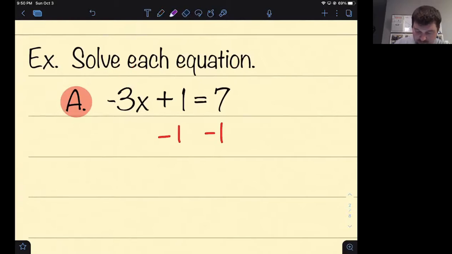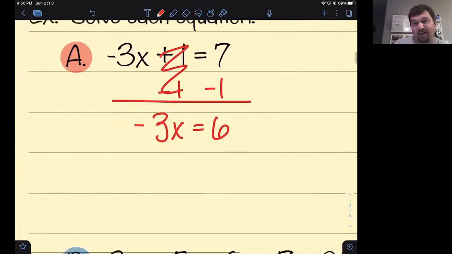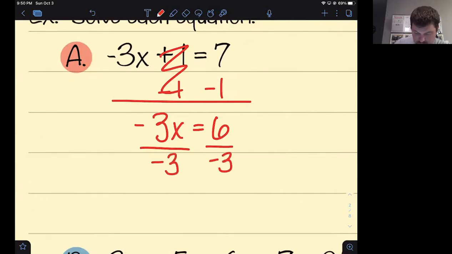And then when I do that, that's going to give me negative 3x. The positive 1 and negative 1 go away, and that's going to give me 6 on the other side. And now I'm going to divide by negative 3. And that's going to give me x equals negative 2.